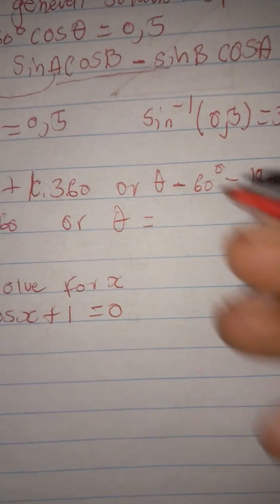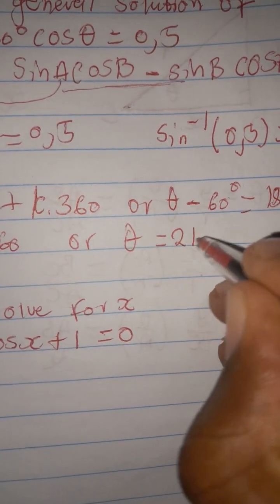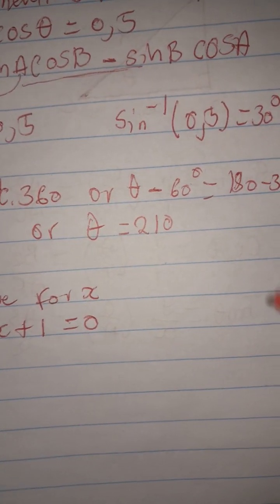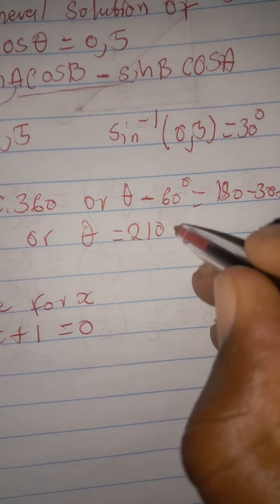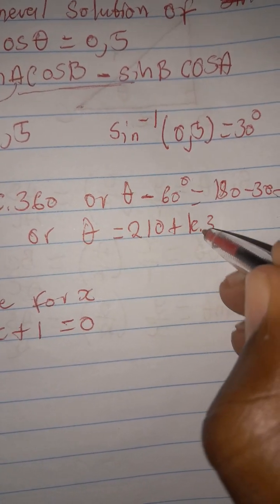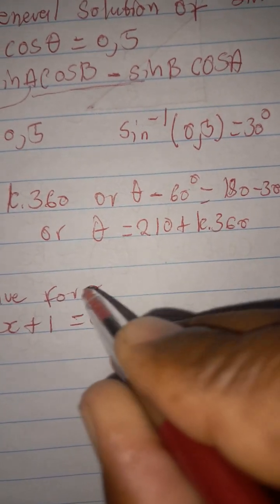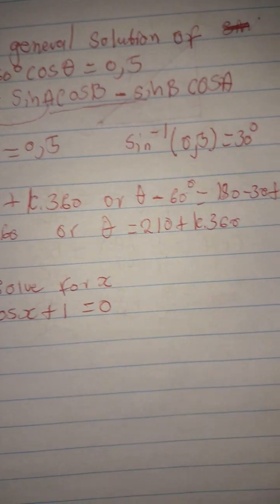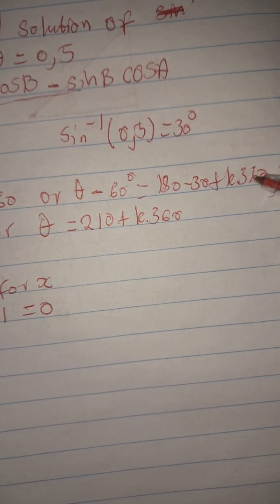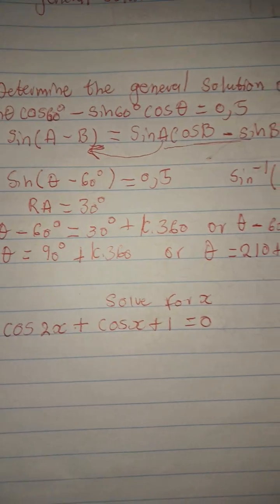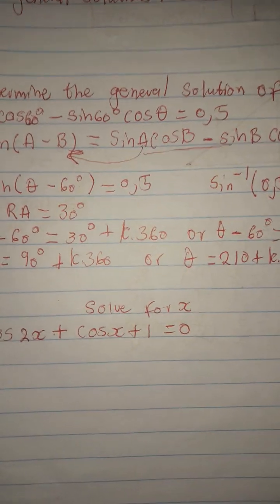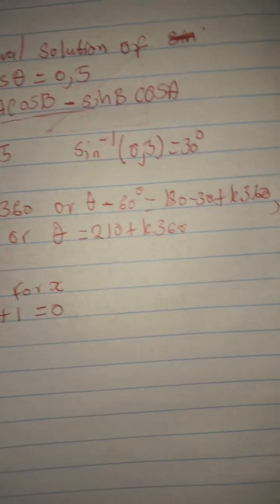That would be 210. So in this case, we are going to have 210. It's a matter of collecting the like terms: 210 plus k times 360. Right? So these are the solutions, guys. Don't forget to write k is an element of integers, right? So this is the solution for the first general solution that is linked with a compound angle, right?